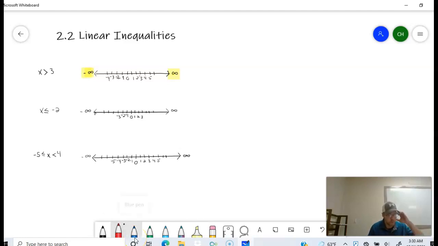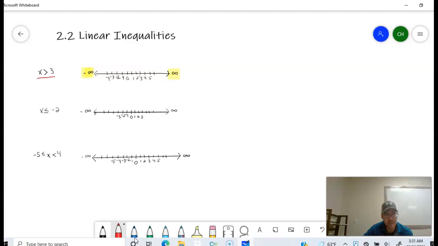Alright, when we talk about inequalities, you'll see over here I have the inequality of x is greater than 3. We can represent that numerous ways. We can show it just like we've got it here. We can show it on a number line. Couple other ways we can.